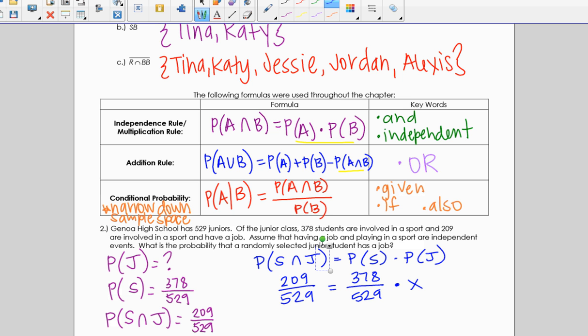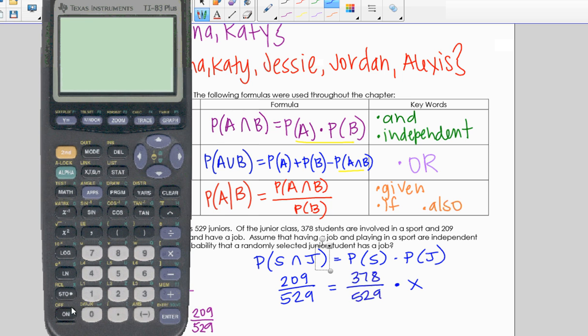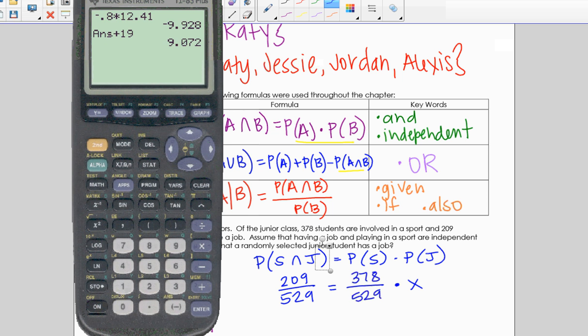So I'm going to take that 209 divided by 529 and divide it by 378 divided by 529. That means the probability of a student having a job is about 55.29%.